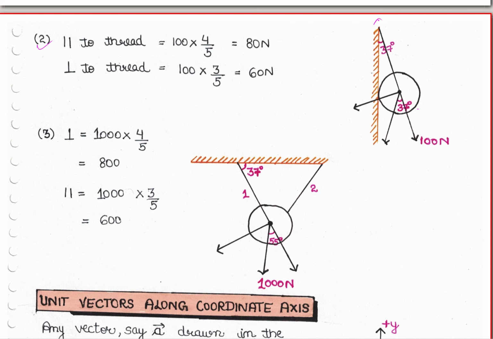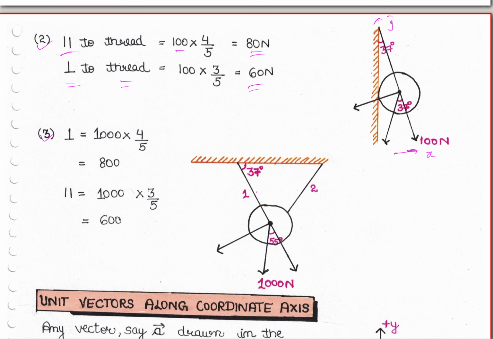If we consider this as the direction of y and this direction as x, then perpendicular to the thread it is 100 into 4 by 5, which is 80 Newton. Sorry, this is parallel to the thread and this is perpendicular to the thread, which is equal to 100 into 3 by 5, which is 60 Newton.